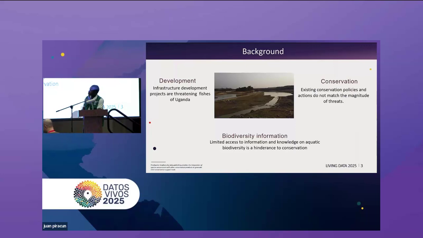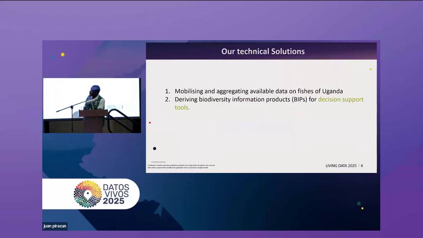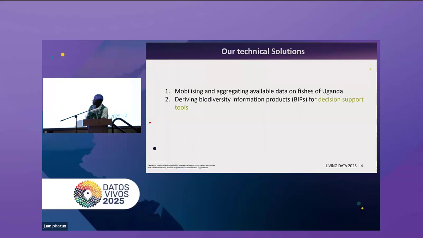Therefore, our work is addressing three problems: a problem in development, a problem in policy, and a problem to access to data. Now, our technical solutions to these problems are mainly two.